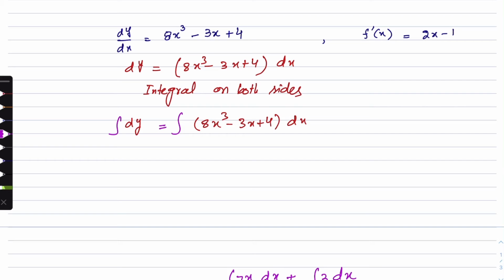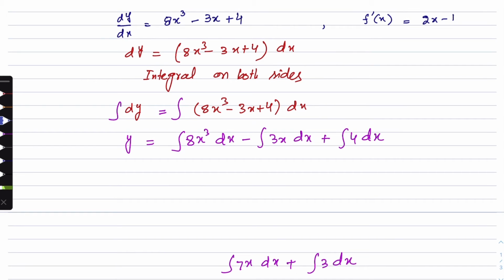So the integral of 1 with respect to dy would become y. Now we write the integral of 8x cube dx minus the integral of 3x dx plus the integral of 4 dx.